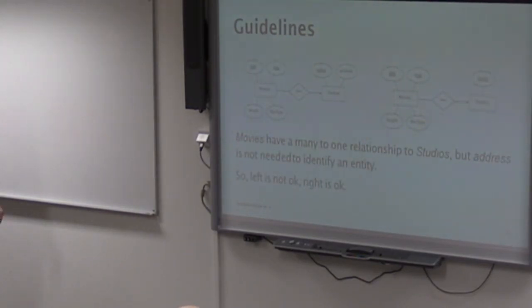If we try to apply those two conditions to the model on the left, we see that the arrow is pointing into studios, and we have the name and the attribute named address, so that won't work.